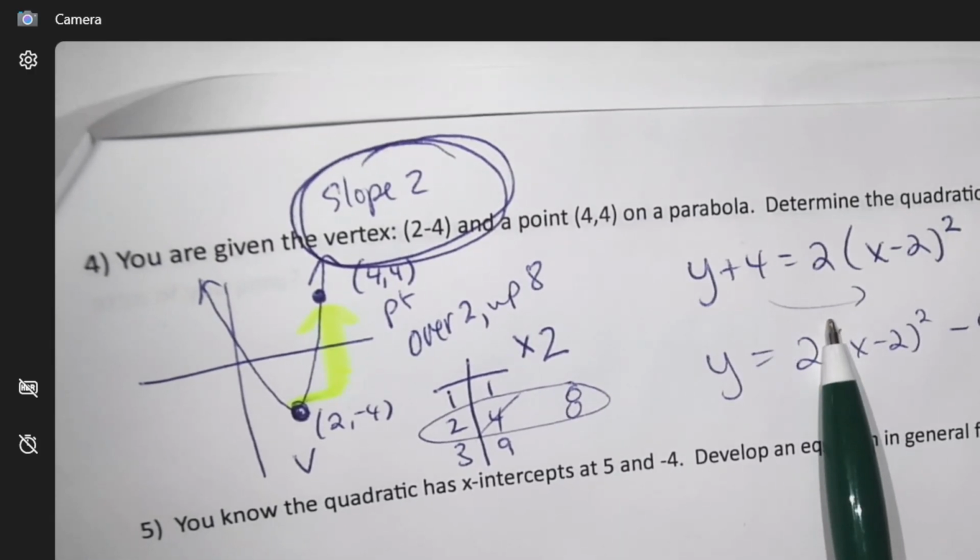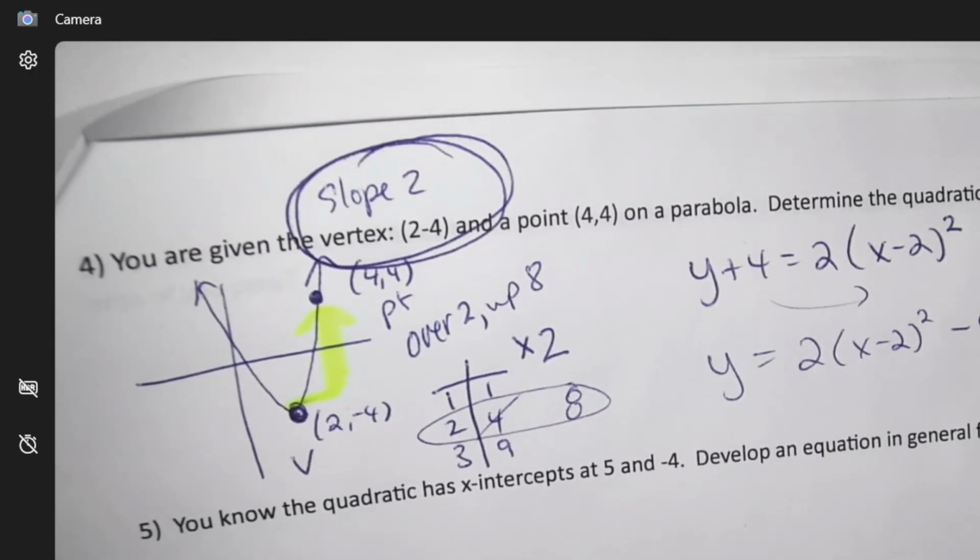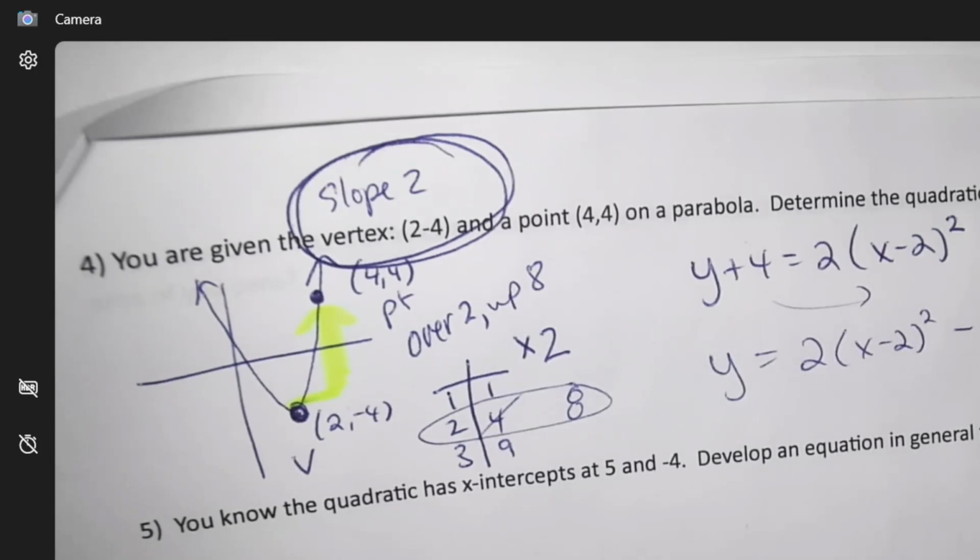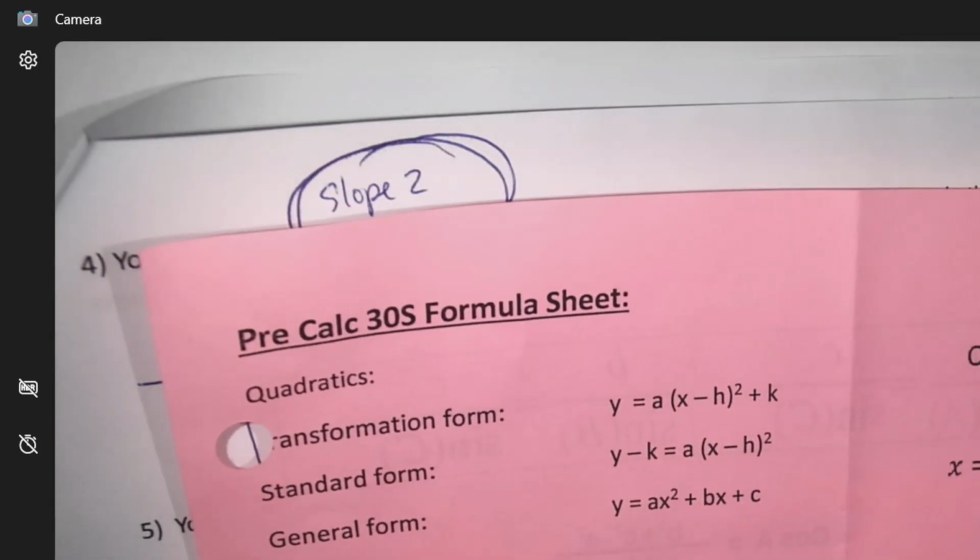I believe you're gonna have those on your formula sheet. So on your exam, you get that sheet that I gave you at the start of the year.